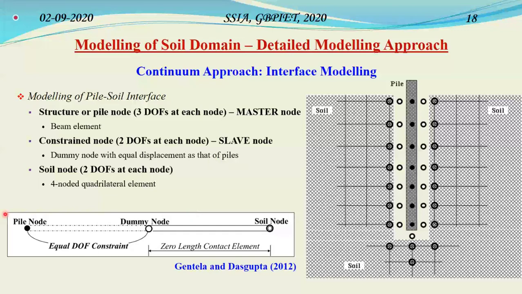To see the dummy node in a single element, the dummy node is connected with the soil node with a zero length contact element as was shown in the previous slide, and the response of the dummy node is exactly equal to the pile node, which is ensured by equal DOF constraint. So this dummy node is extremely important in this pile soil interface modeling when two different systems of different degrees of freedom are interacting with each other.